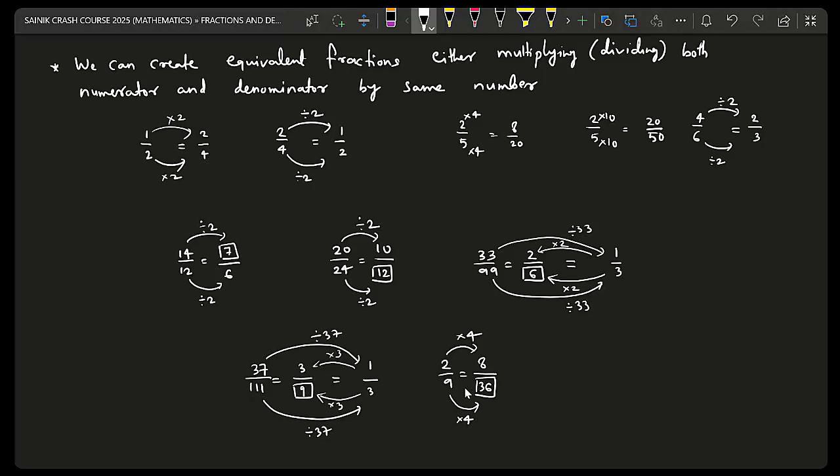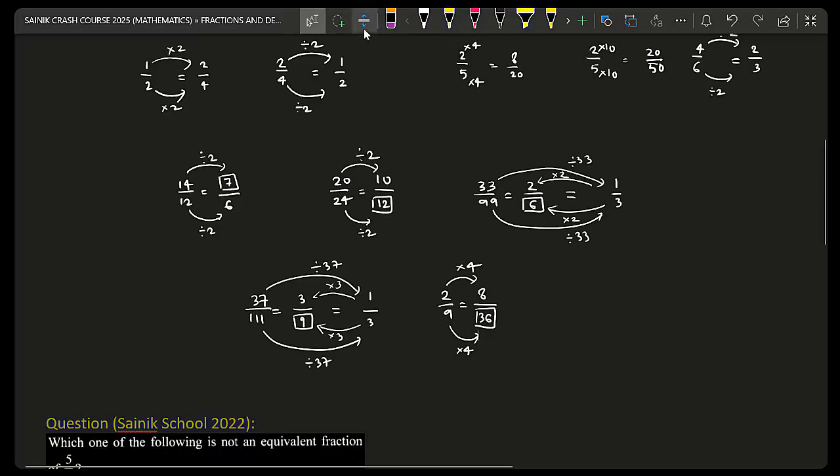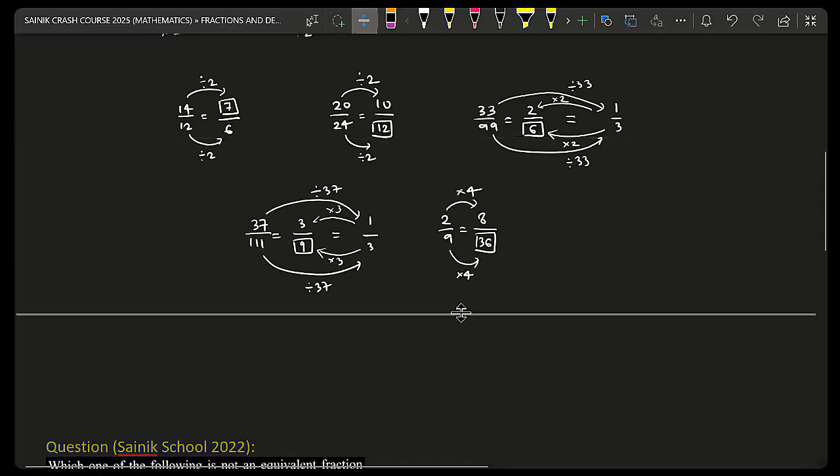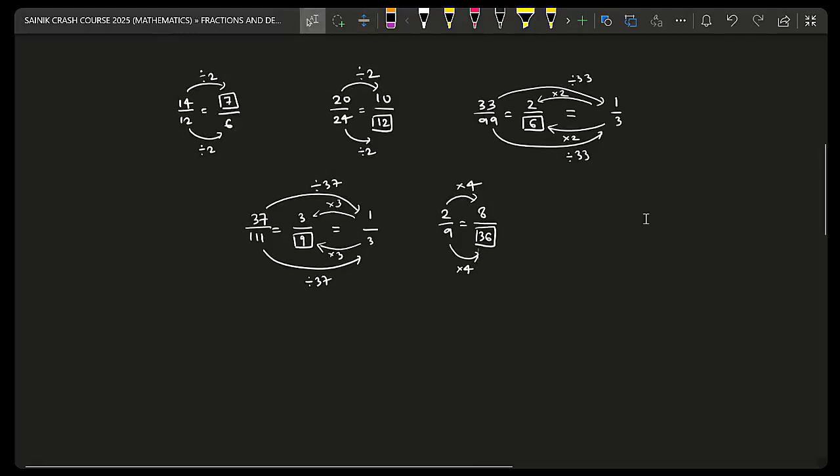And there is one more important thing about equivalent fractions, that is verifying whether the given fractions are equivalent fractions or not. For example, let's take a simple question.